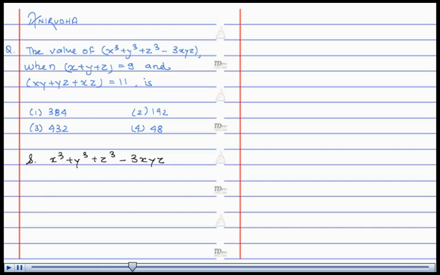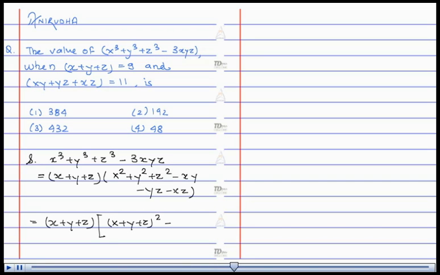We can factorize the above expression as x plus y plus z times x square plus y square plus z square minus xy minus yz minus xz, or we can write the above expression as x plus y plus z times x plus y plus z whole square minus 3 times xy plus yz plus xz.